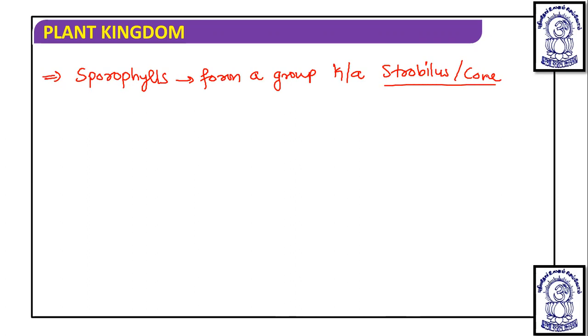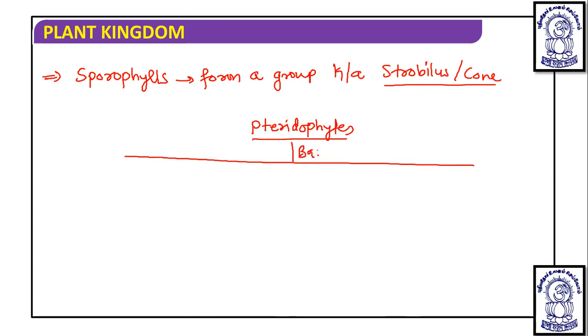Apart from this, based on the size of leaves, pteridophytes are of two types: microphyllous pteridophytes and megaphyllous pteridophytes.